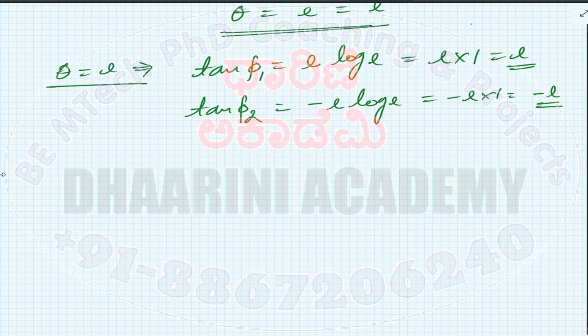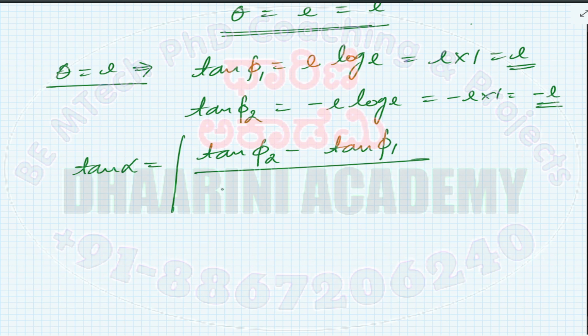This implies, how do you calculate the alpha now? So I don't get the alpha directly. I use tan alpha. Tan alpha is equal to, let's write the equation, so that we get familiar with. This is magnitude of tan phi 2 minus tan phi 1 whole divided by 1 plus tan phi 2 into tan phi 1.